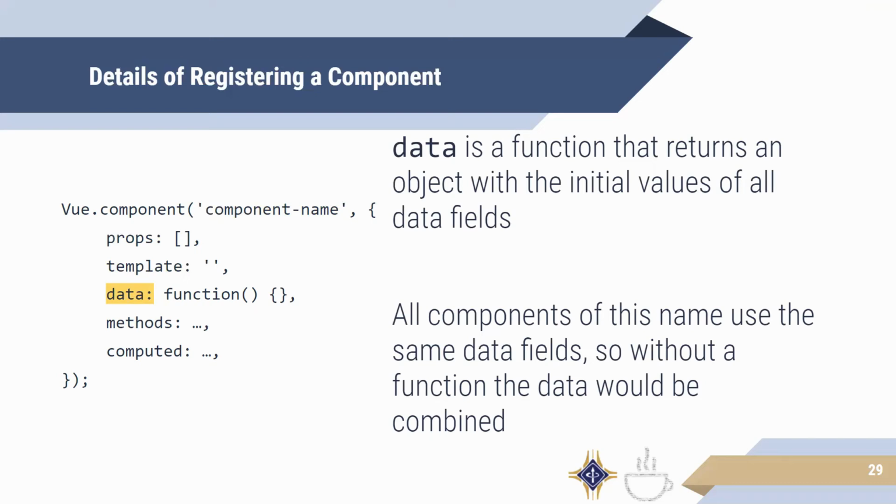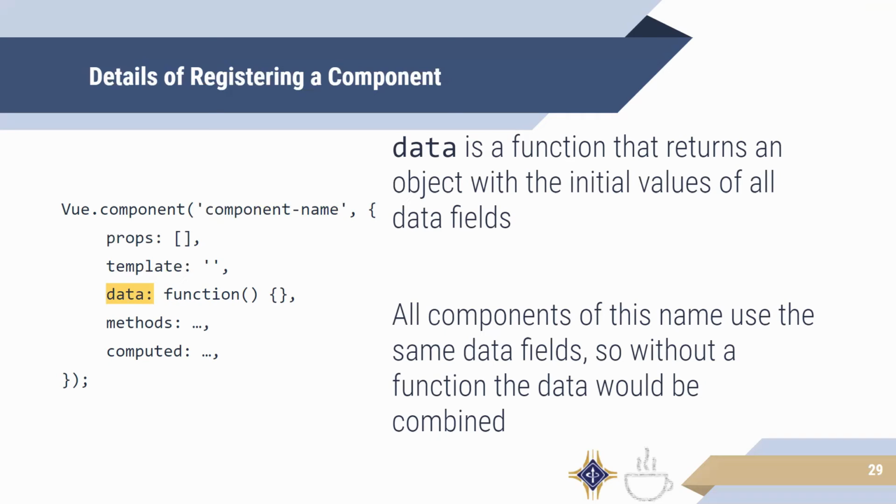What this means is all of the data fields are technically combined. You can imagine this could be a problem: if it was just sharing one object, anytime you made a change in one component's data field, that change would propagate to every other instance of that data property in those components.